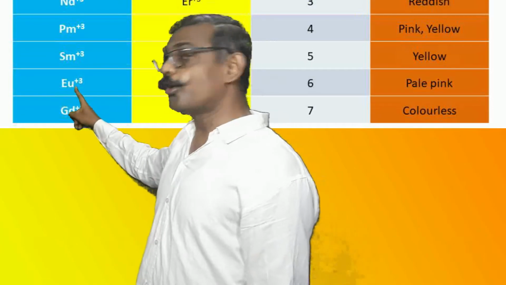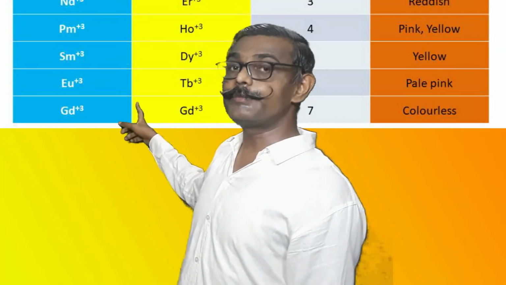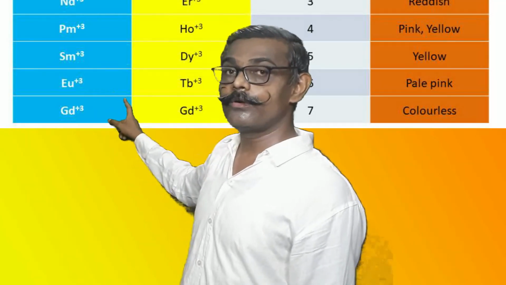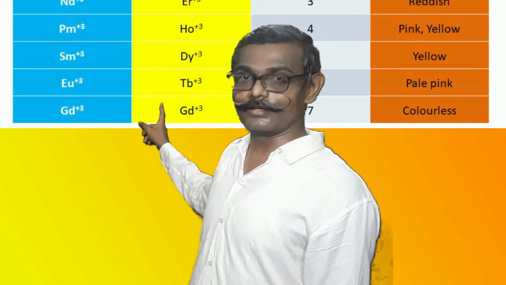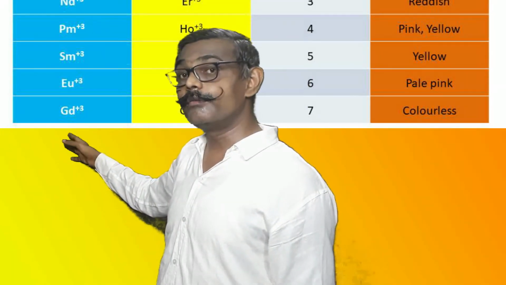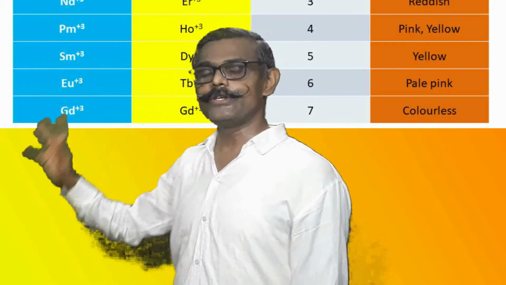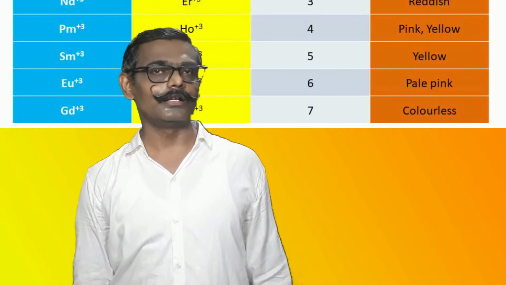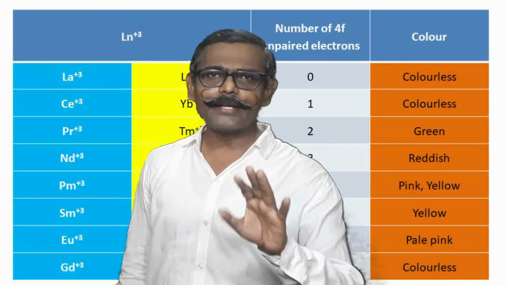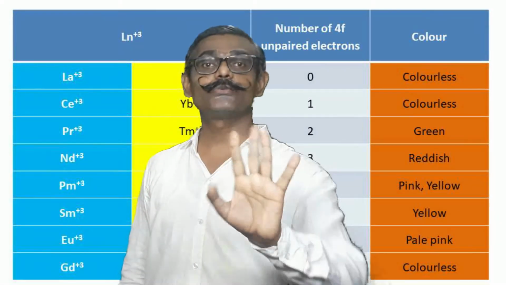Next, europium means European, and terbium means TB patient, both have pink color. And last, gadolinium means God, colorless. So with this you can remember the colors. From this table one can conclude that if the number of unpaired electrons is the same, the colors will be the same.